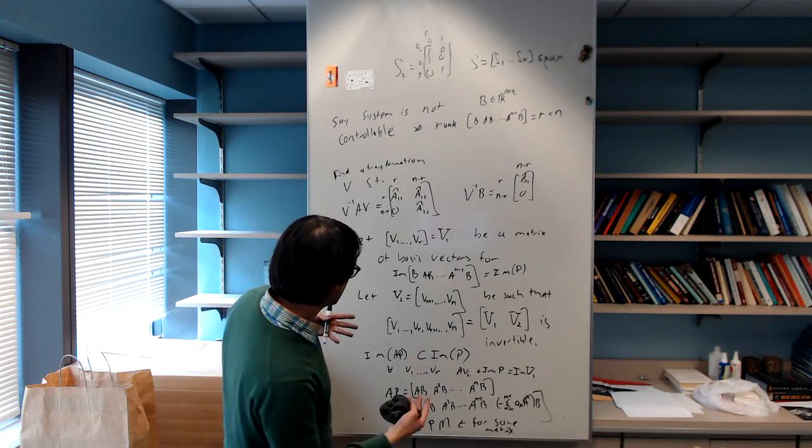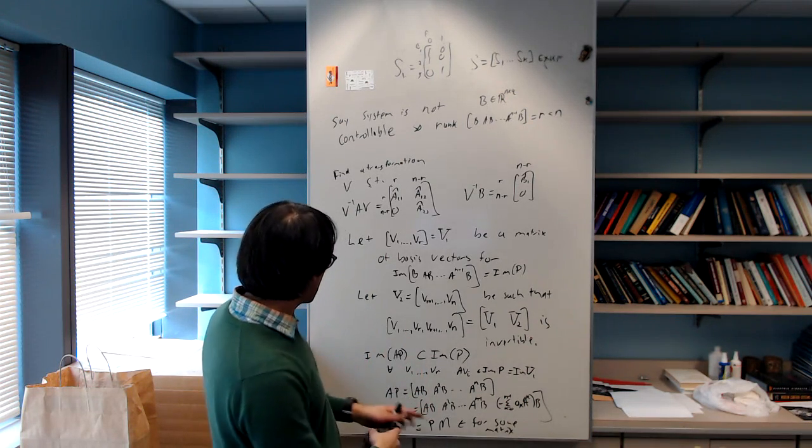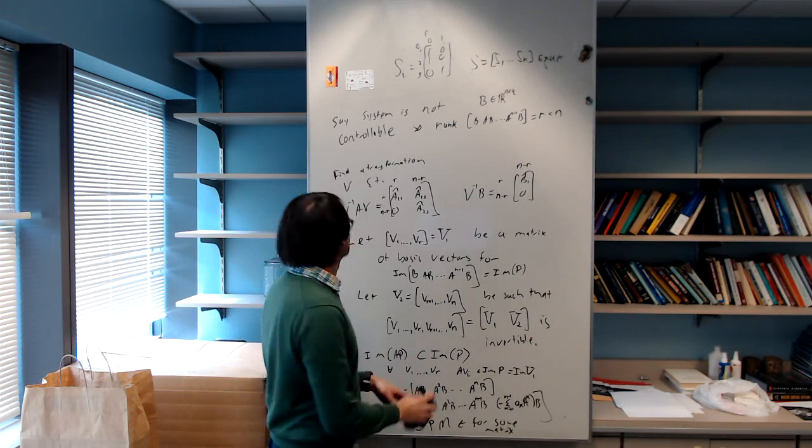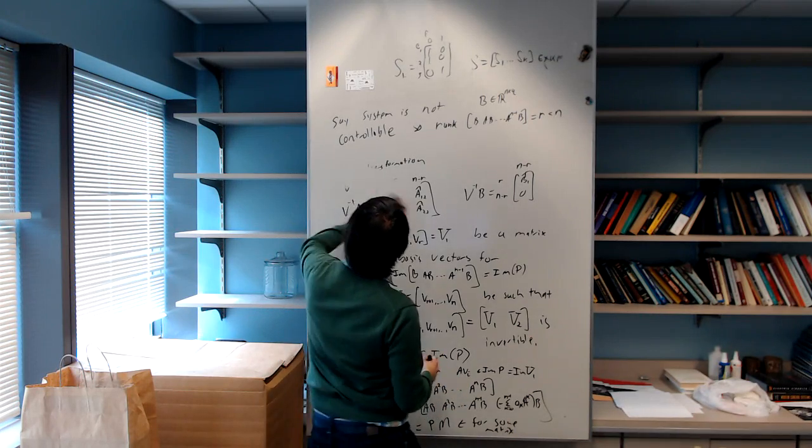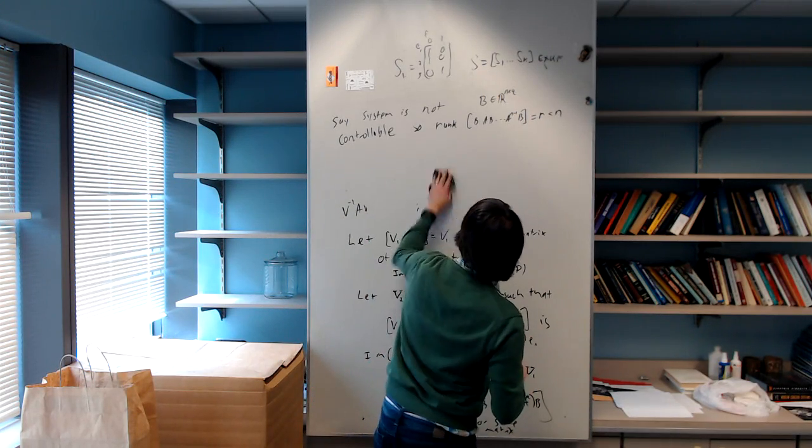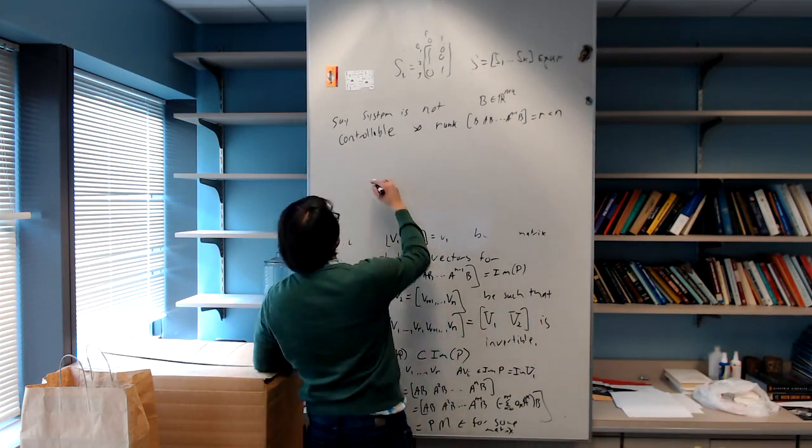But the key thing here is that if I take anything in the image of this AP, so the image of AP is just going to be stuff like this.